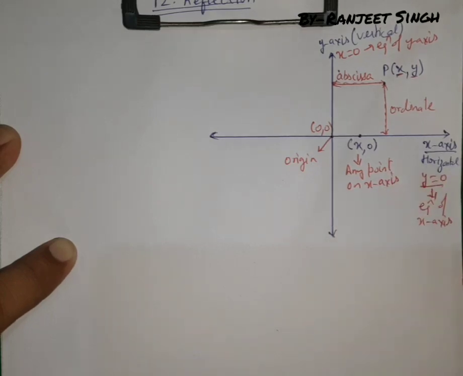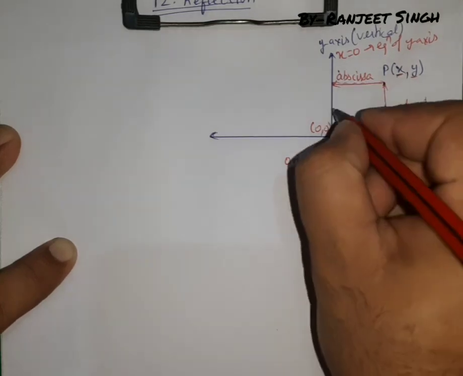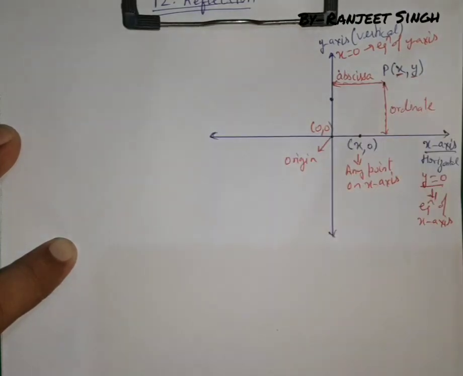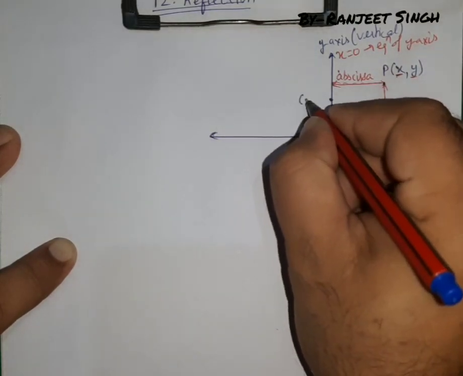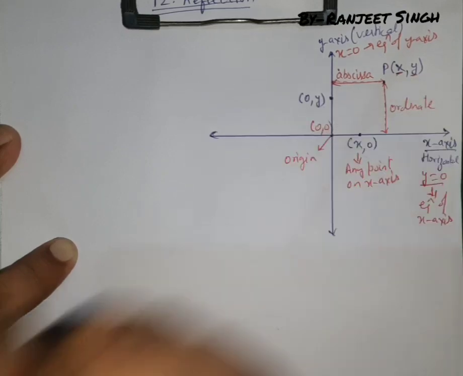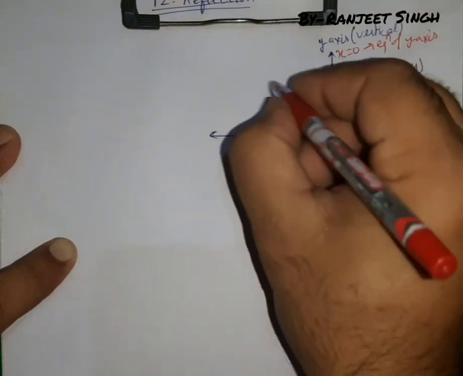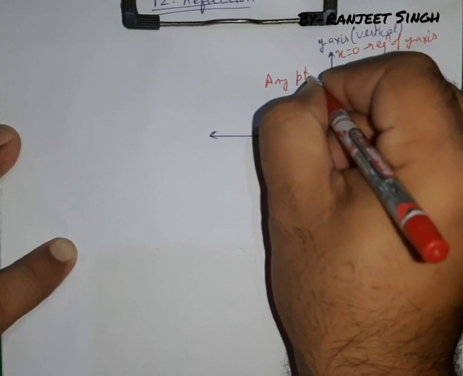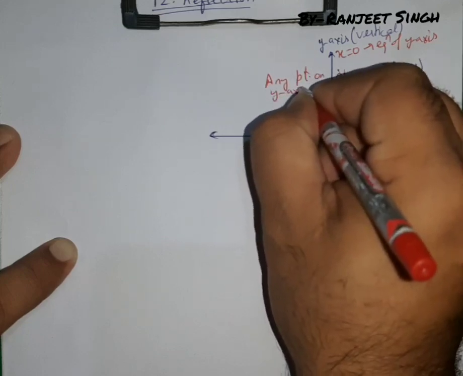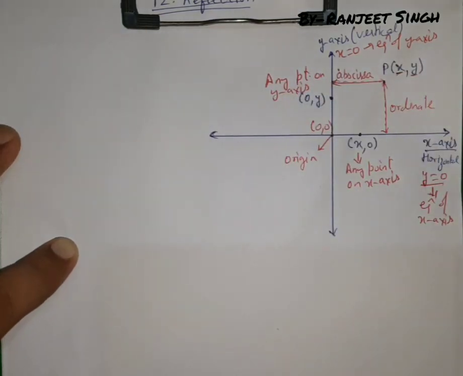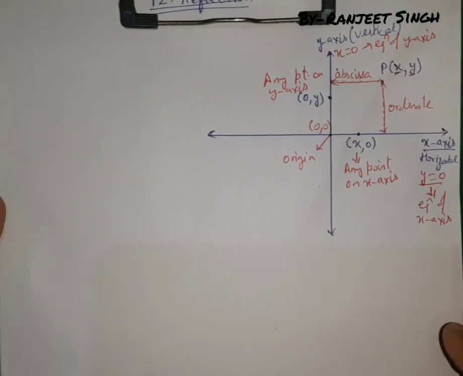Similarly, for any point on the y-axis, the value of x will be 0, so any point on the y-axis is of the form (0, y). These are all the things that we have already done in our previous classes. Now let us talk about reflection.